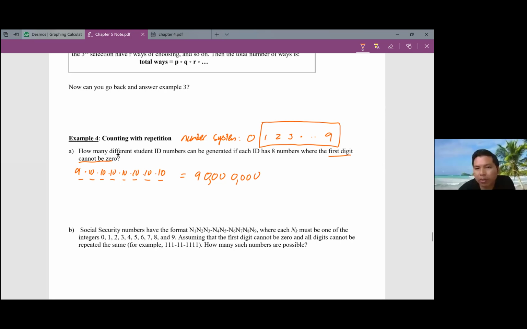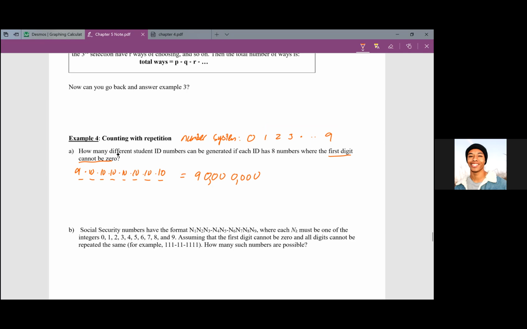Exactly. Now for the second digit, since there's no restriction, how many options do you have for choosing a number between 0 and 9? A lot of them. Right, so now we've got 10 options. And then the third one, how many options do you have now? 10. And that keeps going to the last digit.